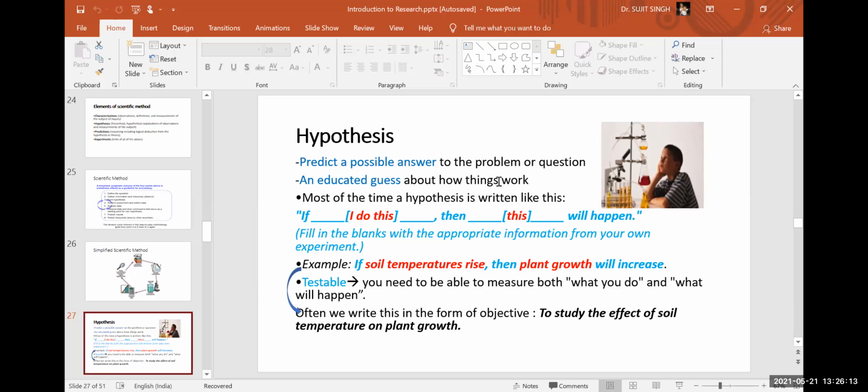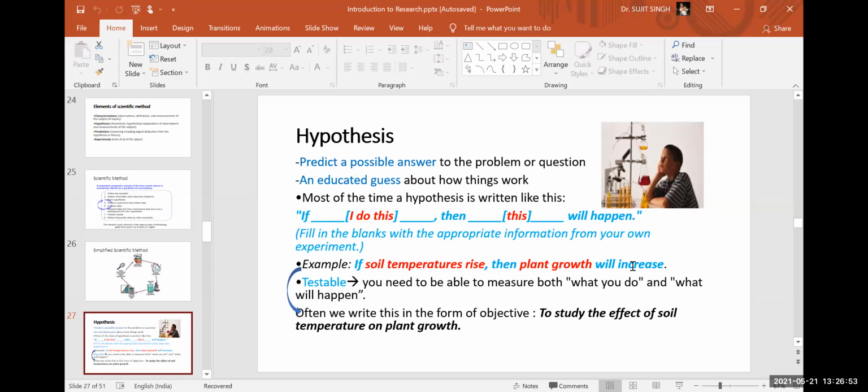Most of the time, a hypothesis is written like, if I do this, then this will happen. For example, in agriculture, if soil temperature rises, then plant growth will increase.